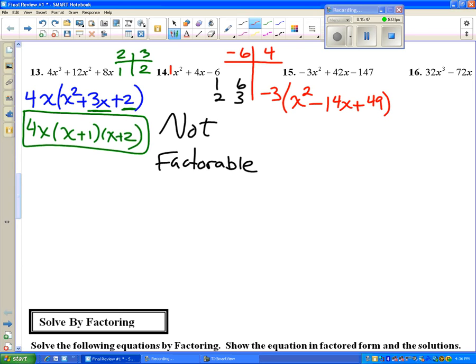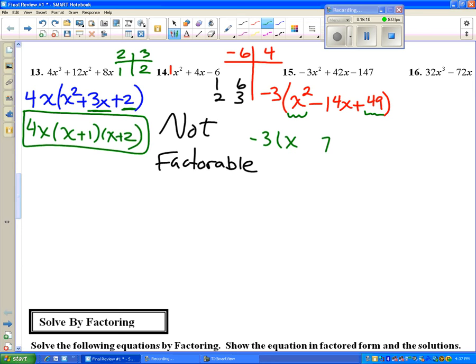Now, are you going to have to be doing a little bit of calculator work if you can't do that in your head? Yes, you're allowed to use your calculator on the entire test. That's my greatest common factor. Now I have x squared minus 14x plus 49. Well, look at this. Is x squared a perfect square? Yes. What? x. Is 49 a perfect square?